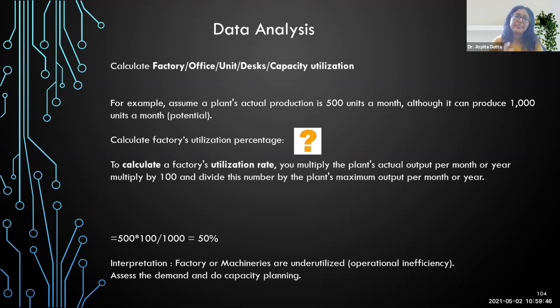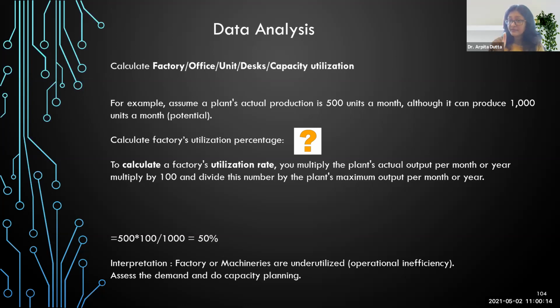For example, what we have mentioned here, assume a plant's actual production is 500 units a month. Actual production, this is what it is actually producing. Although the potential is 1,000 units a month. That's the potential, that's the maximum that it can actually produce. But in reality, it is producing 500.